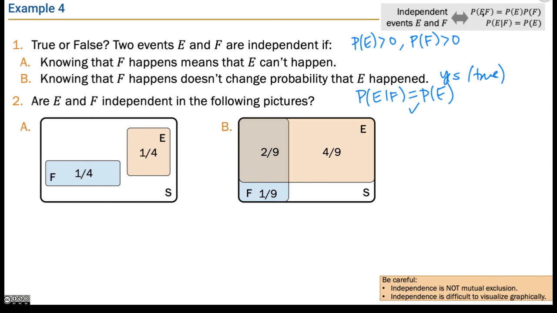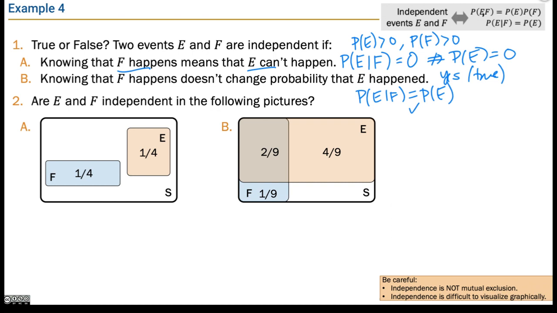But what about A? Knowing that F happens means that E can't happen. Well, that means that the probability of E given F is actually 0, because knowing that F happens means that E can't happen. Probability of E given F is 0. That does not imply that the probability of E happening was also 0. Right?